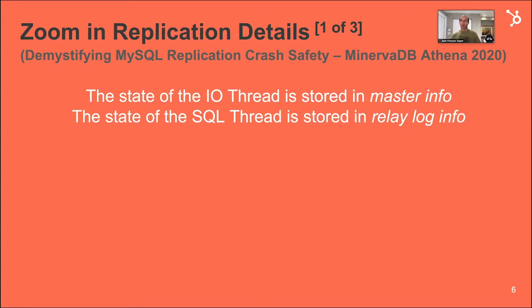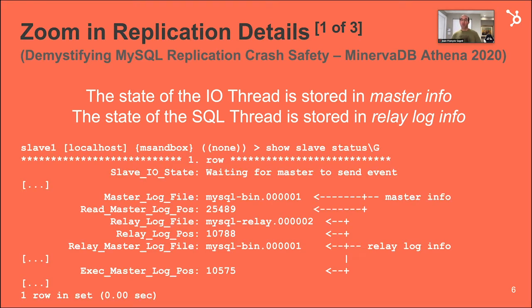So to understand replication crash safety, we have to dive a little more into the details of how replication works. The state of the IO thread is stored into what is called master info. And the state of the SQL thread is stored in relay log info. I'll have a diagram about this in the next slides. But if we look at show slave status, we can see that the master info here is those two lines.